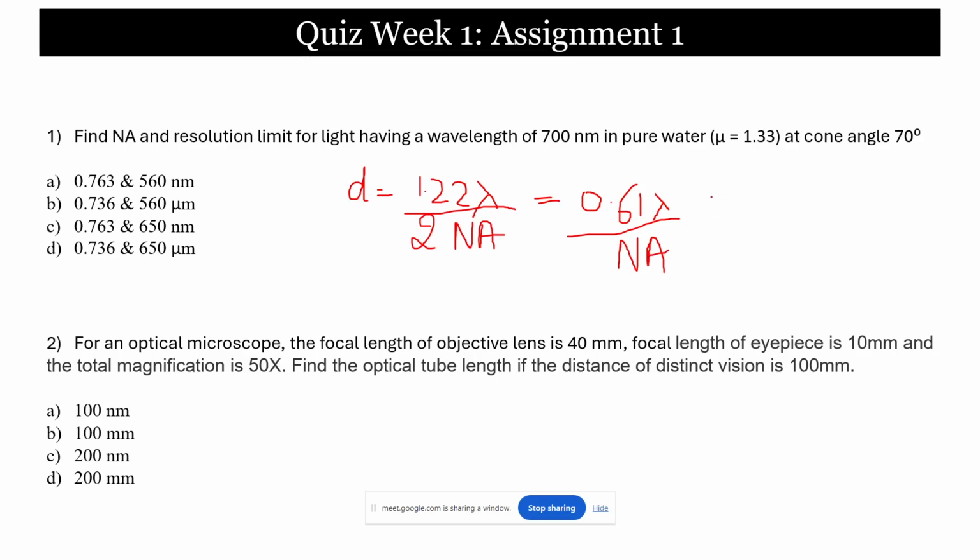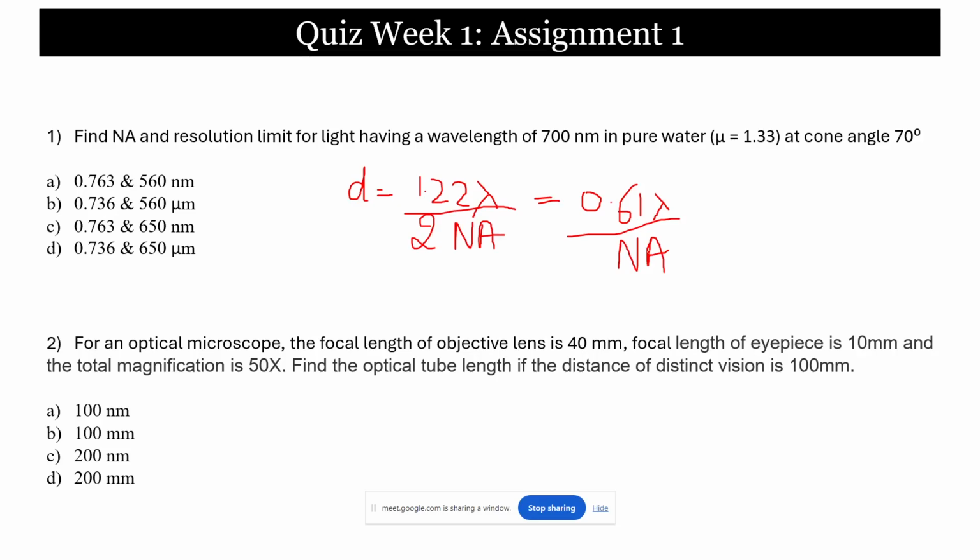Just now we found that the numerical aperture is 0.763, and the wavelength is 700 nanometer. So putting these values in this formula, we get the limit of resolution as 0.61 into 700 divided by the numerical aperture, that is 0.763.